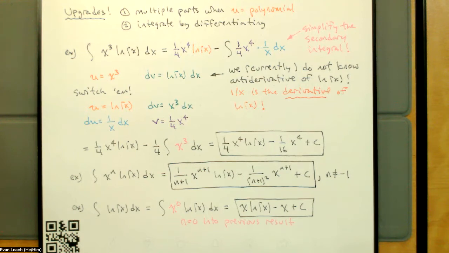Agreed, that is nice. What that means is that we can now go back and integrate x cubed natural log of x with ln x in the dv slot.